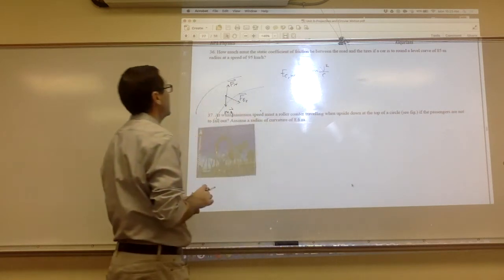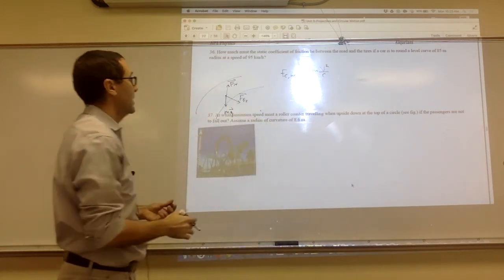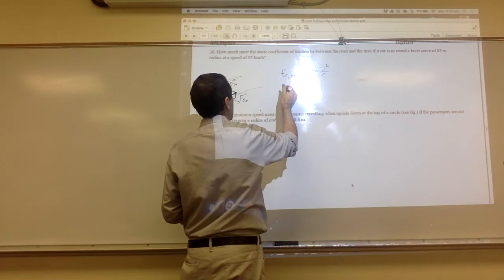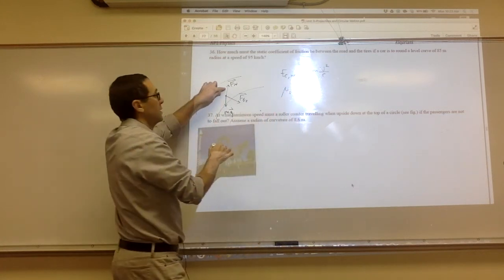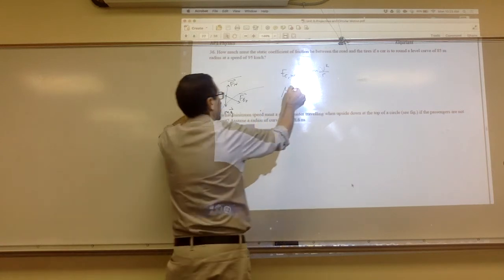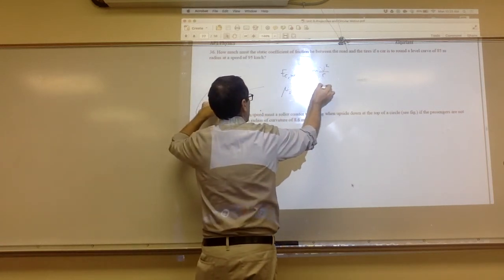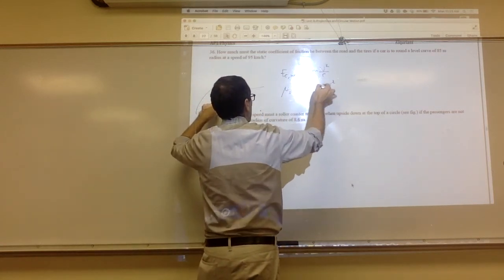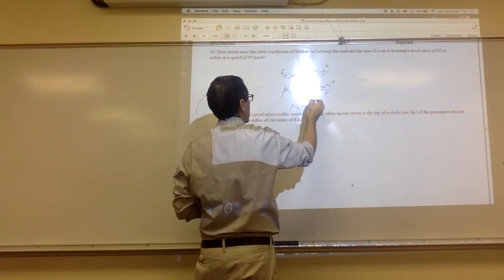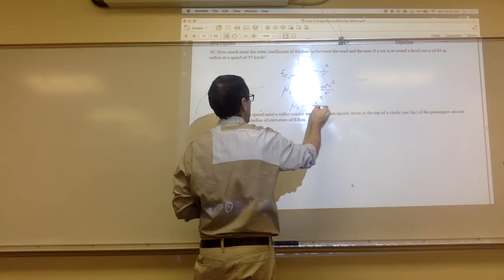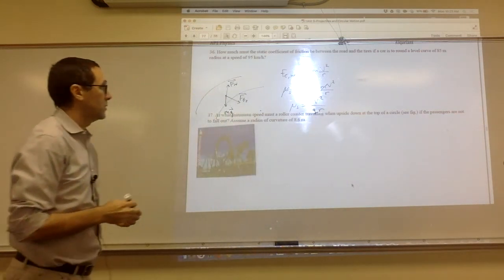Now here they are not giving us the mass of the car, so hopefully the mass will cancel out somewhere. Now Ff is mu static times Fn, and Fn is the same as mg. And that's mv squared over r. You cross out the m's, and mu static is v squared over gr. Do not memorize this, you have to show it.